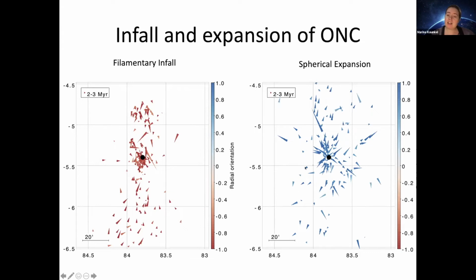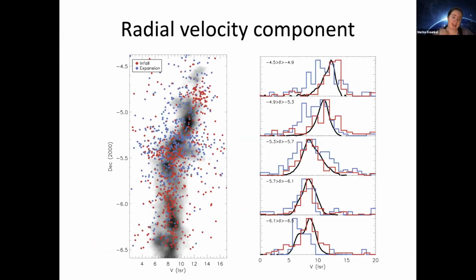And this doesn't really look like a cluster that is gently expanding, that is unable to hold onto its stars, and they're just drifting off every which way. This looks a bit more violent. And if you take all of these sources and look at the radial velocities, you see that in almost all cases, the sources that are moving in toward the cluster center have a radial velocity distribution that perfectly matches the velocity distribution of the molecular gas.